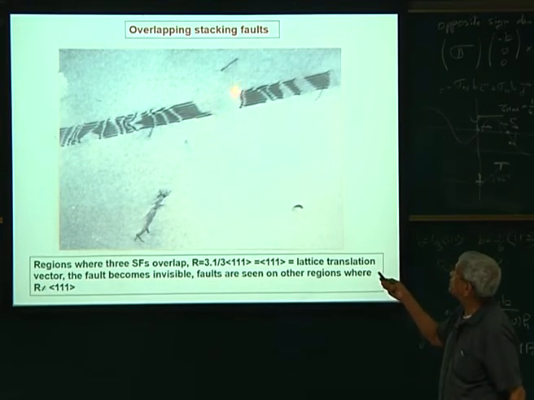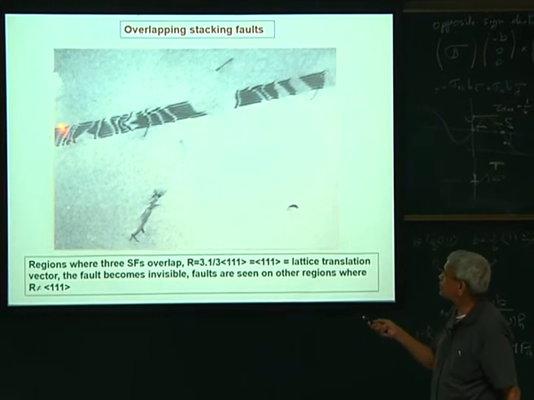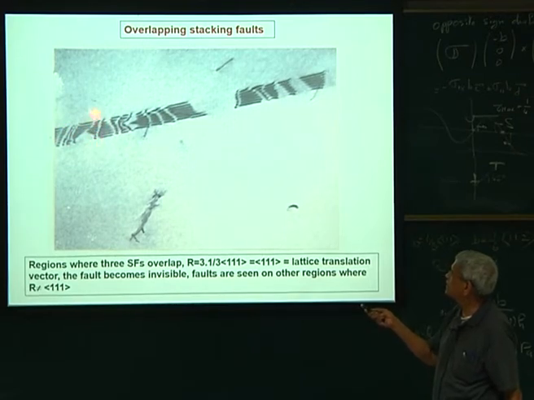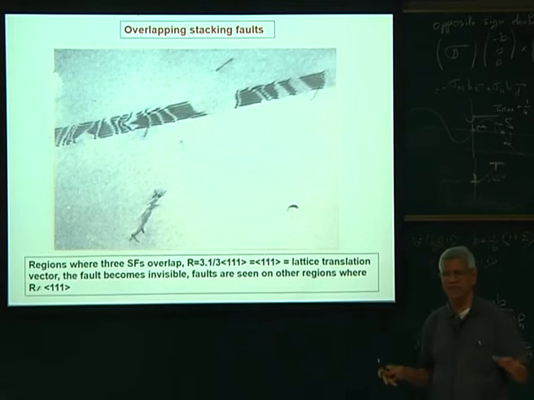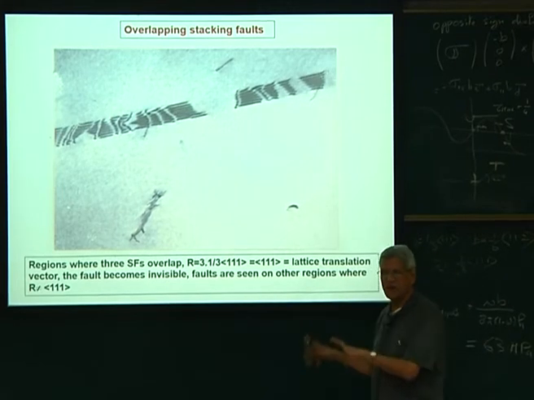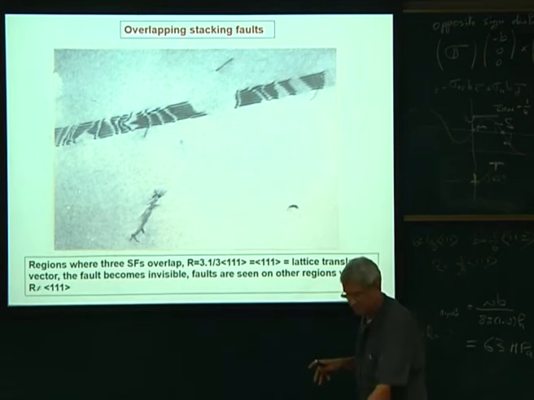This is what essentially is happening in these regions: overlapping three faults. In some regions one fault is there, in some regions two faults are there. Here again you can see the dislocation which is bounding them. Here you can see one, and on the other side you don't see the dislocation, that's what I mentioned. All these things need a careful analysis to characterize these images.